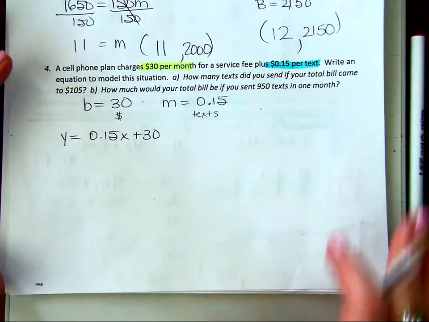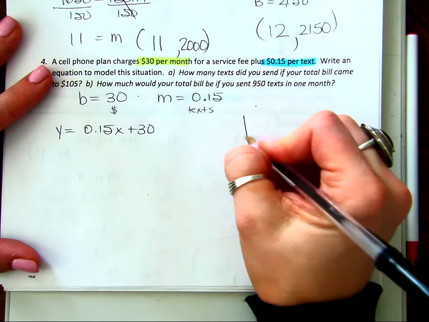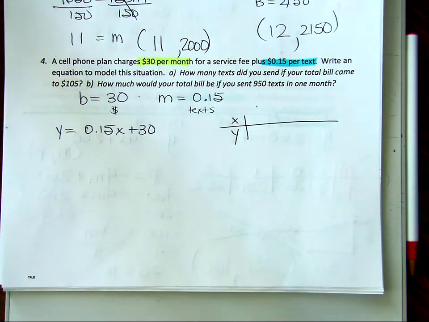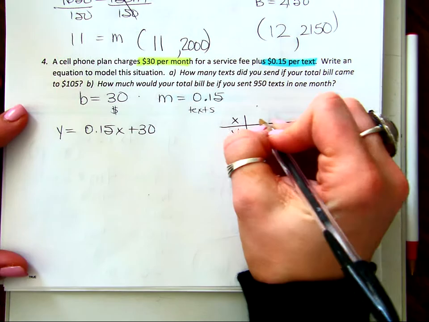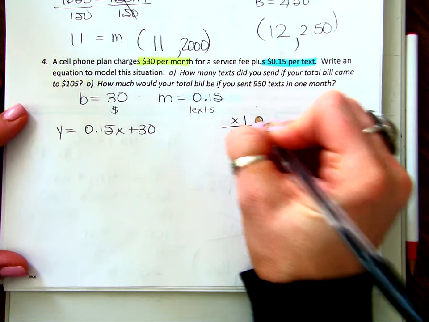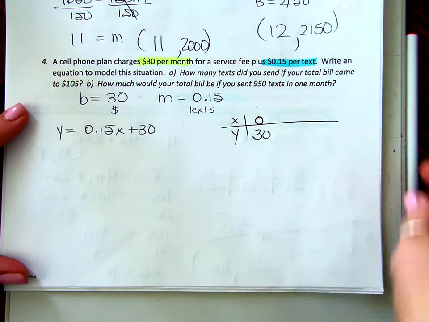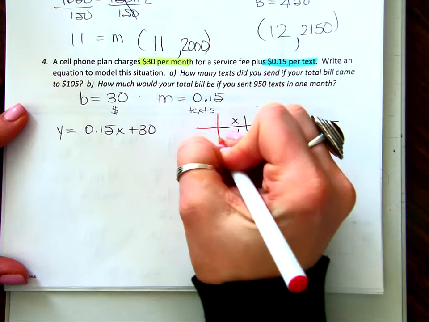So now, when I'm doing this, I don't have my fallback of, ooh, time is always the x. So if this is 0 and this is 30, what do you think your x represents now, if not time?